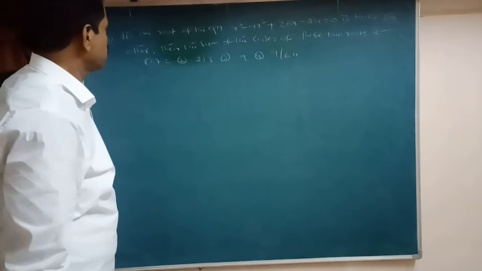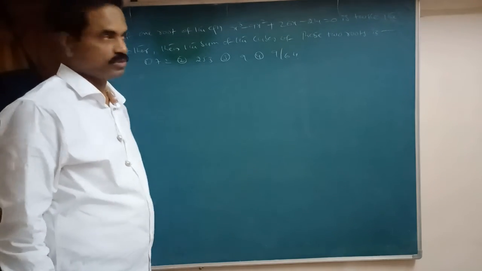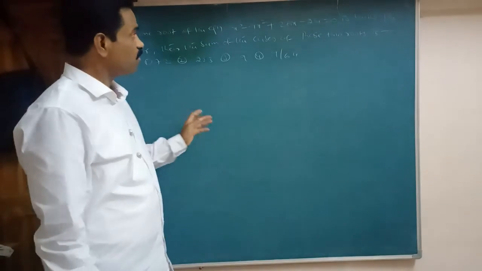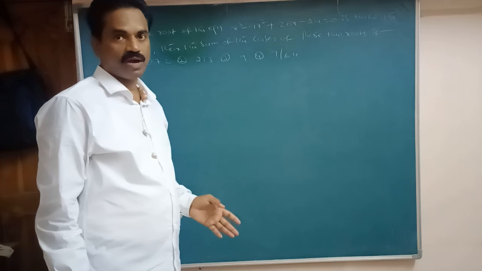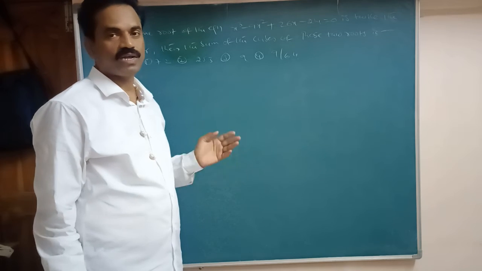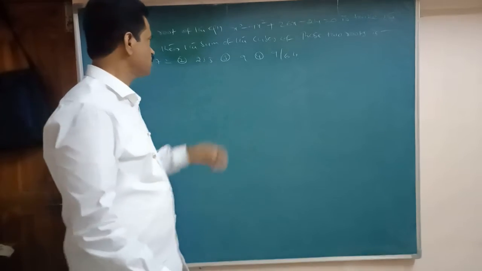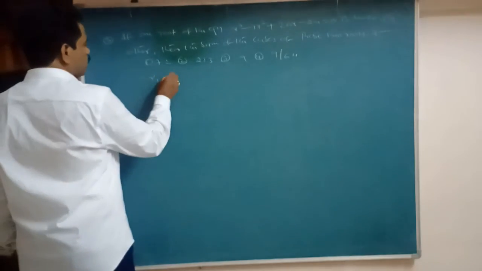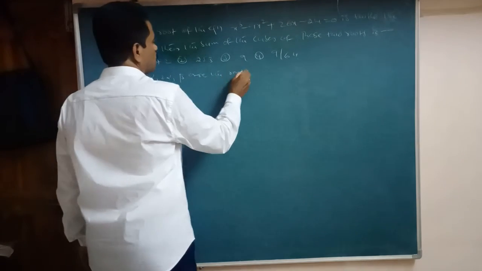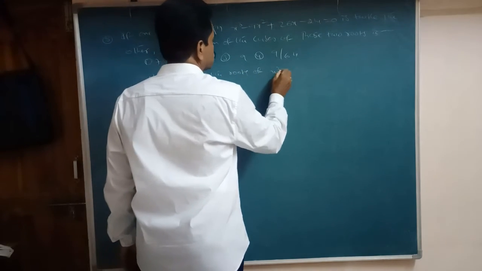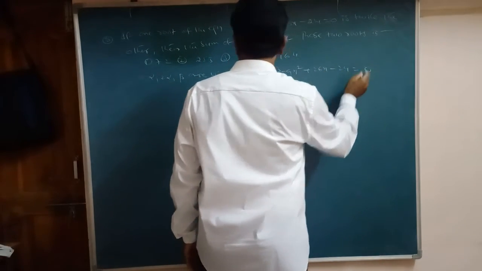Here what is given here? Suppose cubic equation, what are the roots here? Alpha, beta, gamma are the roots. But what is given? One root is twice of the other. So one root is alpha, another root is 2 alpha. So alpha, 2 alpha and beta are the roots of x cube minus 9x square plus 26x minus 24 equal to 0.